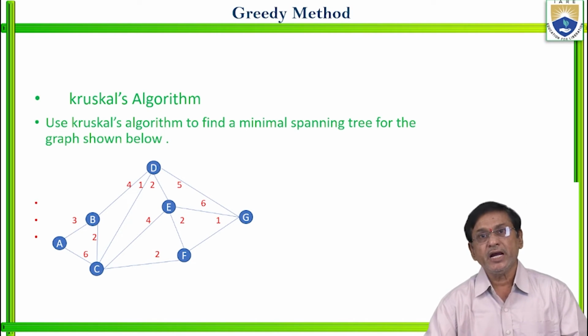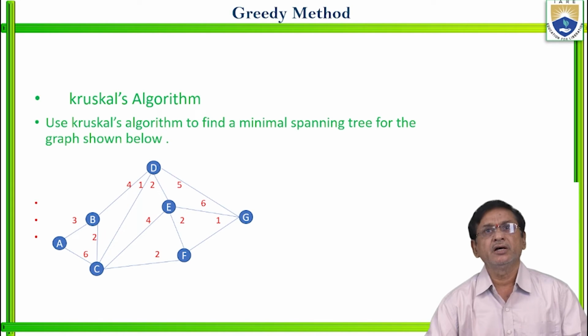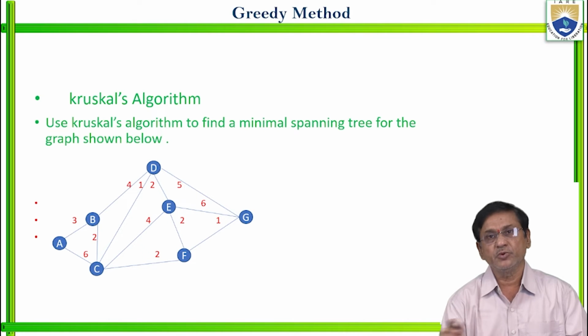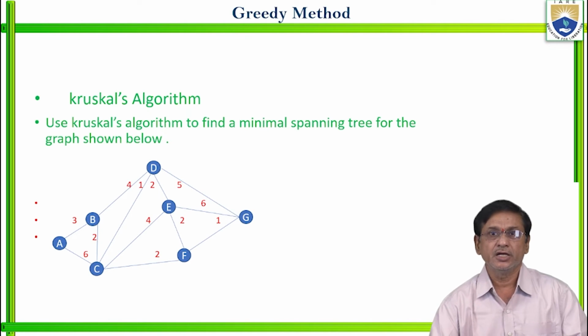Now, in this, we have to select a low cost edge. We need not start with the vertex A. You can select any edge which is having low weight. So the first step is to remove the parallel edges and loops.